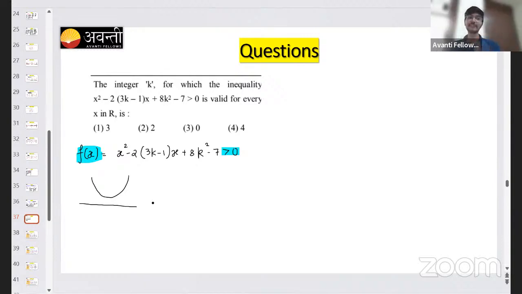And this graph is possible, that means discriminant is less than 0. क्योंकि रूट्स ही नहीं है उसके, कट ही नहीं कर रहा है x axis को. तो इफ discriminant less than 0, इजी, खत्म, question is over.